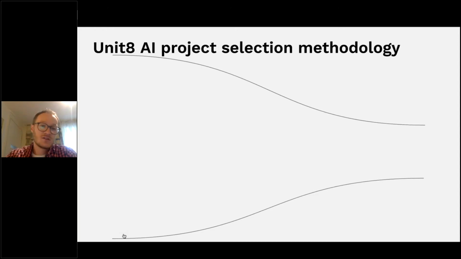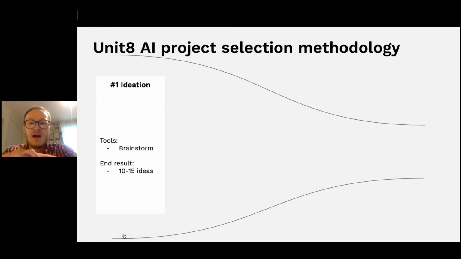So here you see my beautiful picture of a funnel that tries to show you the methodology. When you're thinking about starting and conducting an AI project, you usually start with an ideation phase, right? And I'll describe it a little bit more on the next slides. But the basic idea is that you do know what the business drivers of your company are.